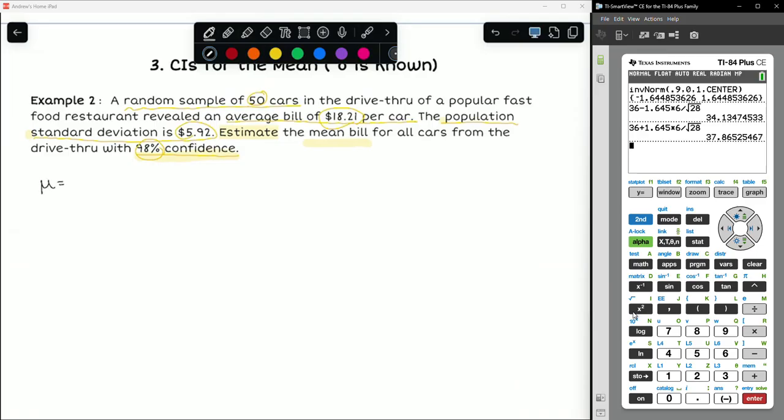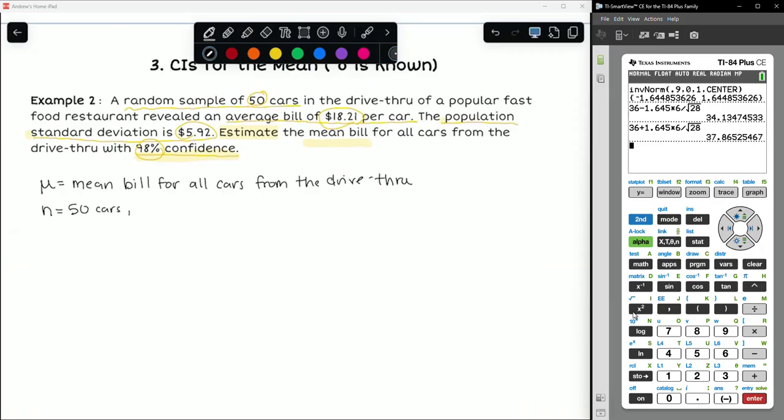So our mean is, using words from the problem, the mean bill for all cars from the drive-thru. I was told I have a random sample of 50 cars.